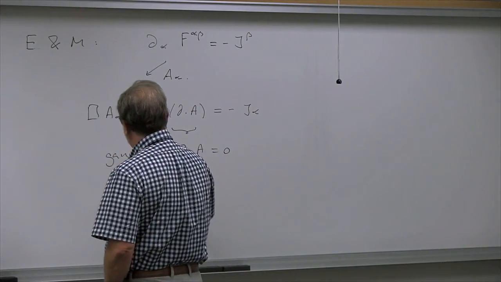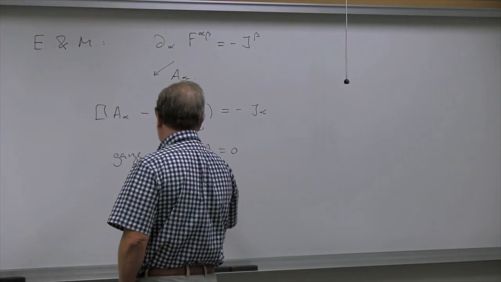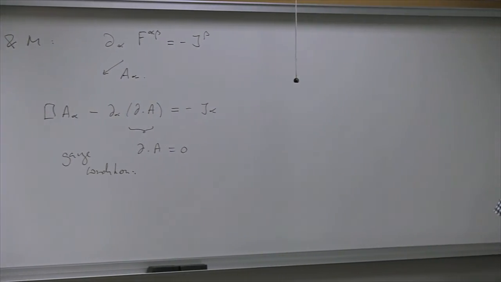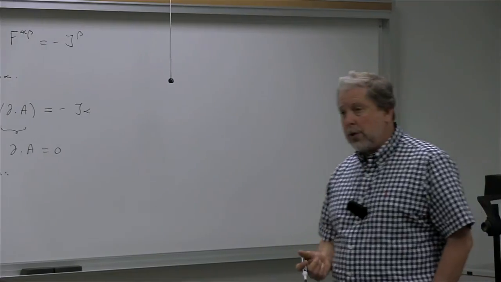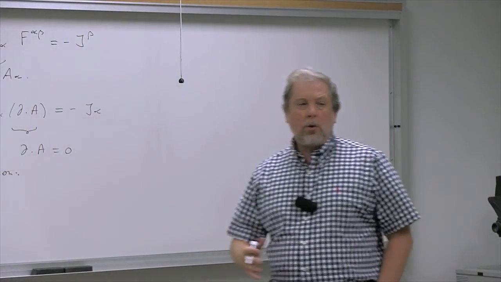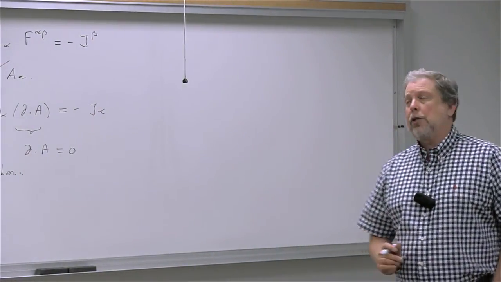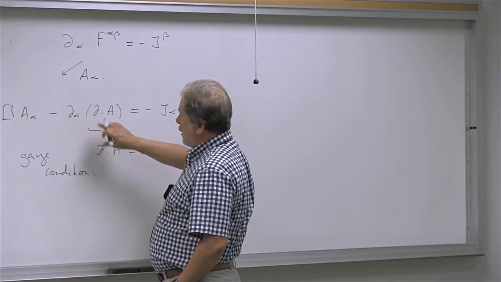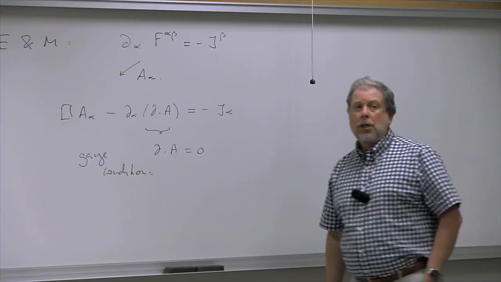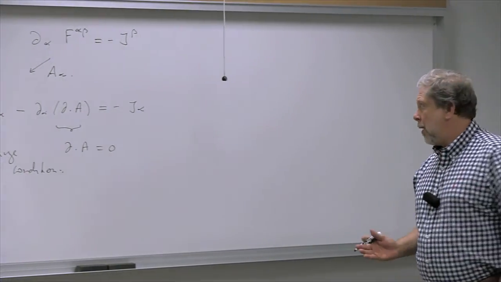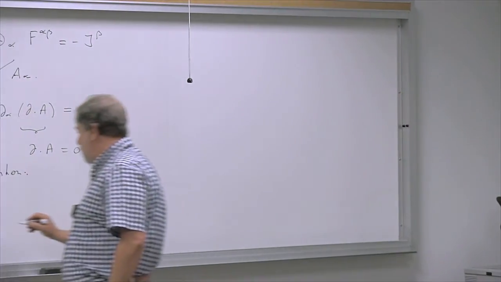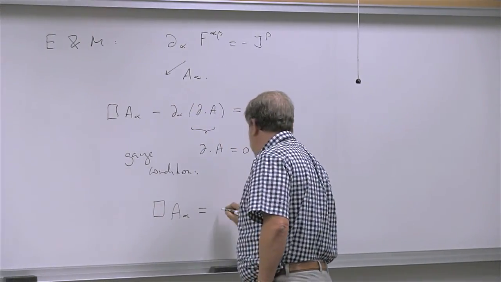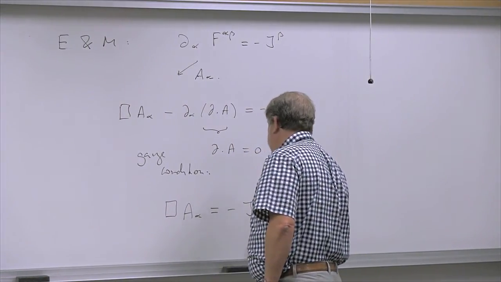So we impose a gauge condition, and that is what we do in electromagnetism all the time, because that gauge condition is usually picked in order to simplify the equations. Because of this extra term, it's natural to use this. And so as a result, we have just box A_α is equal to minus J_α.